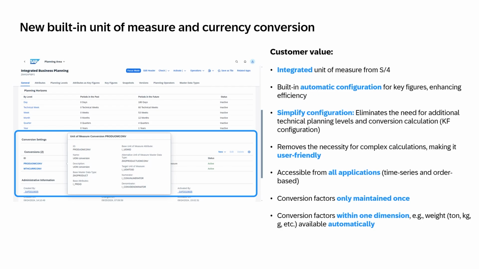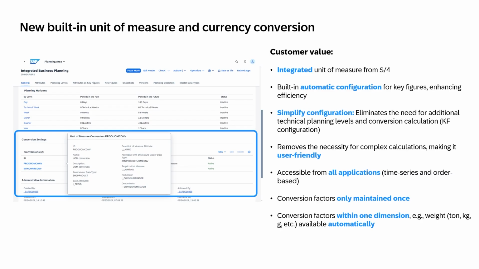The other thing that used to happen was that order-based planning had a completely different way of loading the unit of measures. And with these different unit of measures, the customers were not so happy having two different ways to do this.